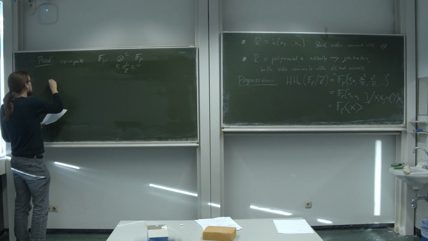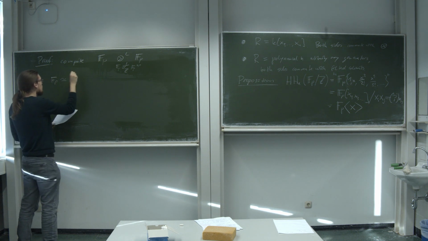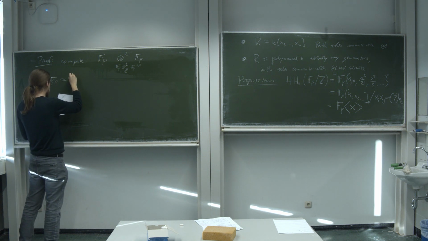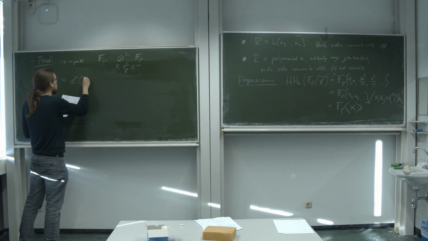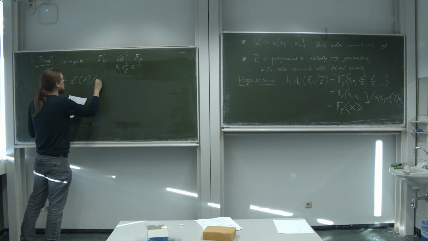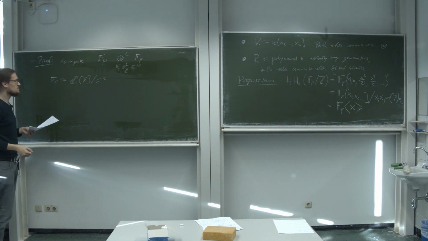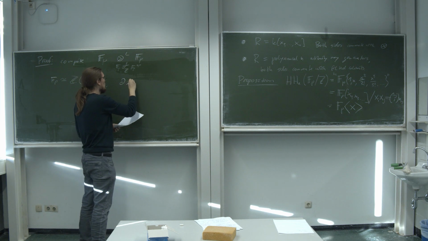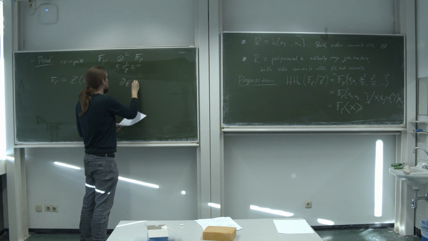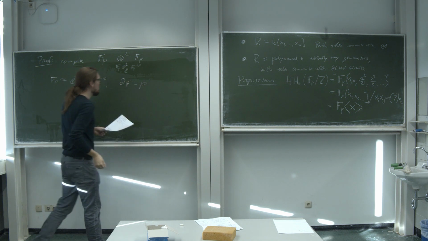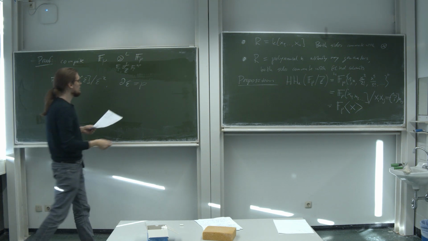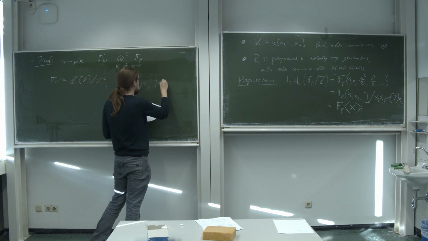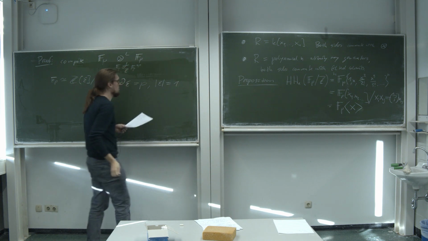Well, we can replace Fp by a DGA, Z adjoin epsilon mod epsilon squared, with differential d epsilon given by p, and epsilon, of course, of degree 1.